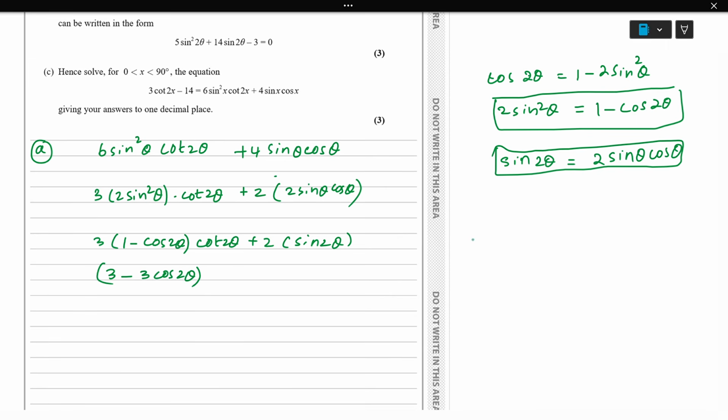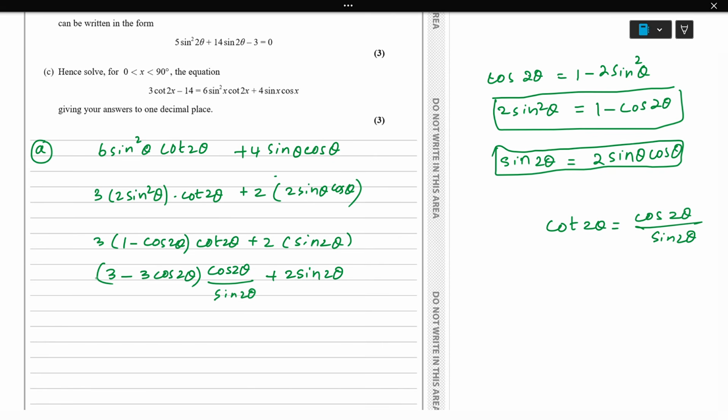But the cot theta, cot 2 theta, we know cot theta equal to cos theta by sin theta. So cot 2 theta is cos 2 theta over sin 2 theta here. So I can write cos 2 theta over sin 2 theta plus 2 into sin 2 theta.